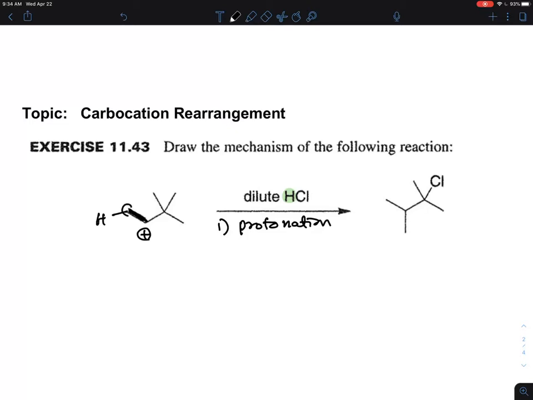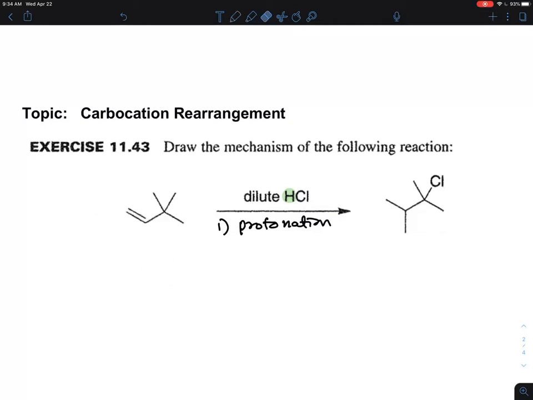So I can see carbon, carbon, carbon, carbon, and that's the way it is. And then if you follow the same logic as before, this is a secondary carbon and that's a primary carbon, so this is the one that they prefer, and then the chlorine will form the bonding.